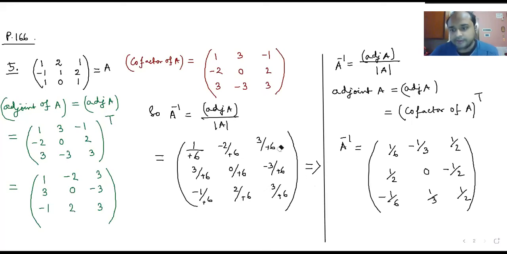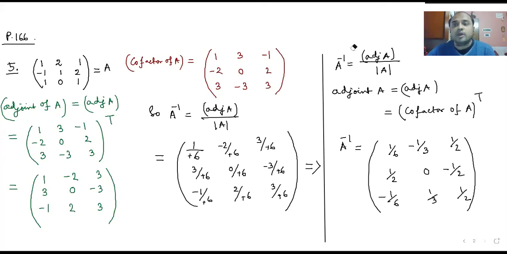Now it is all right: 1 by 6, -1/3, half, 0, -1/2, -1 by 6, 1/3, half. So we have ultimately got this matrix A inverse.